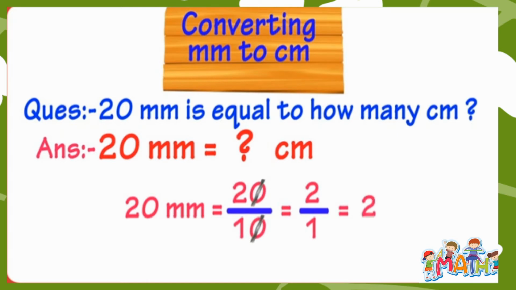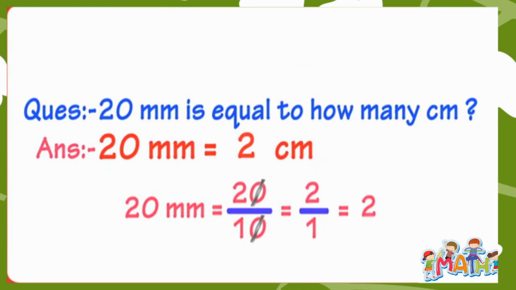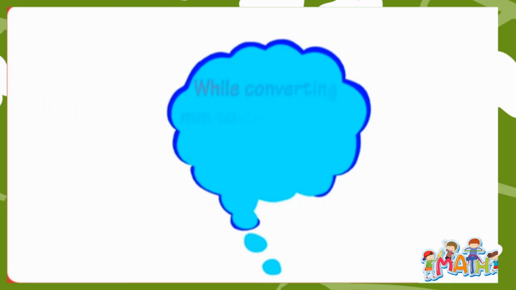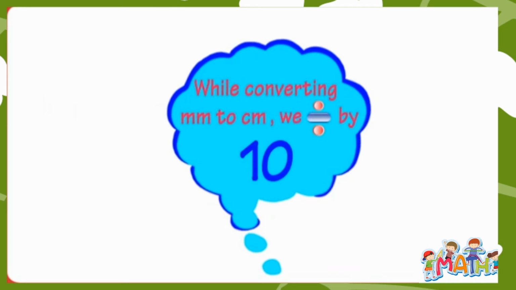Equals 2. Therefore, 20 millimeters is equal to 2 centimeters. Remember, while converting millimeters to centimeters, we divide it by 10.